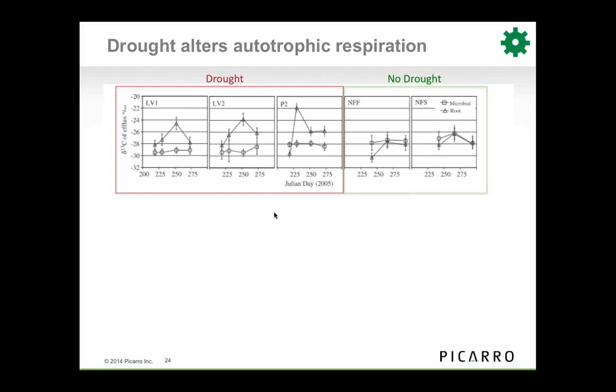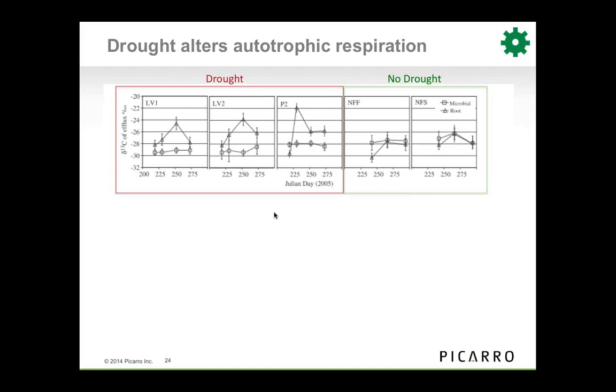So what you're seeing on the top here is the heterotrophic or the microbial respiration in the squares, which you can see is fairly constant during the course of the study. And during the course of the study, the drought gets worse and worse, just so you know for later. And what you see in the triangles is the autotrophic respiration. What's really interesting here is that at the site where we had no drought, we're getting pretty close autotrophic versus heterotrophic respiration isotope signatures.